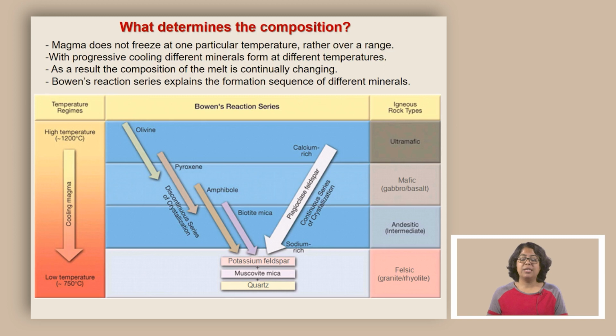If they crystallized at very high temperature, they are going to be calcium rich feldspar, whereas at very low temperature, it is going to be a sodium rich feldspar.